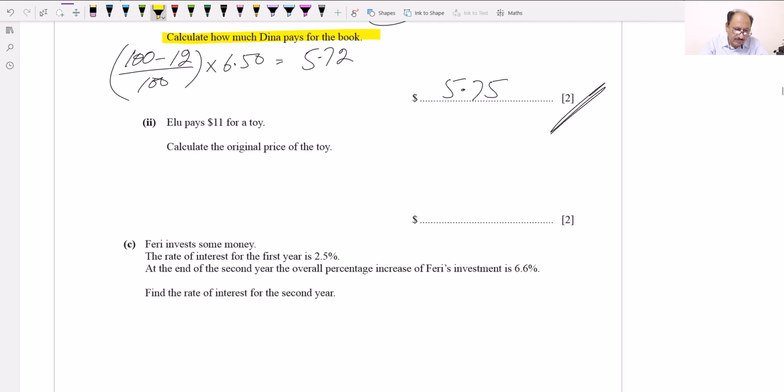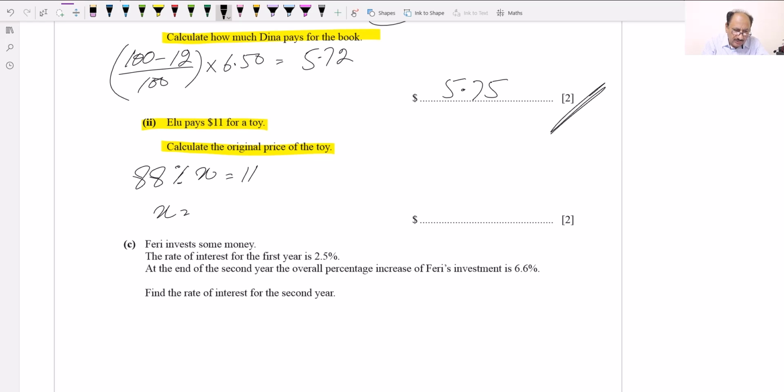For the second part, Ilu pays $11 for a tie. Calculate the original price. So this is a reverse percentage question. 88% basically, 12% is the reduction. So 88% of something is equal to 11.